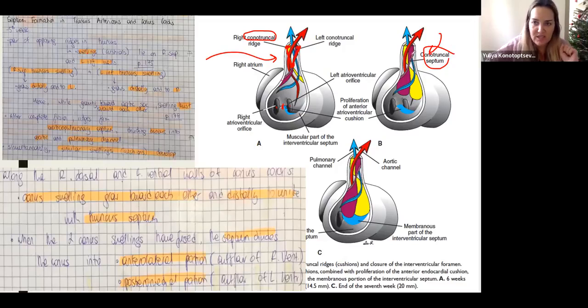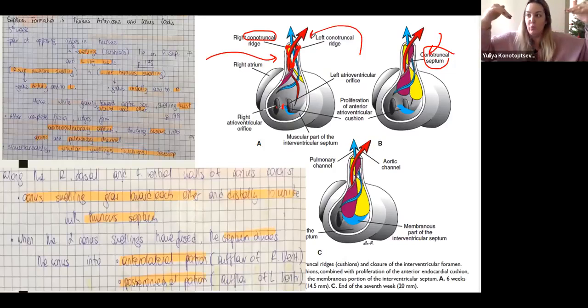The conotruncal septum, as you can see on this picture, has a spiral appearance because these two endocardial cushions are growing in the opposite direction. They do not just fuse together. When they come in proximity of one another, they spiral around one another and continue to grow in the opposite directions. This is why your aortic circulation and your pulmonary circulation are also spiraled.